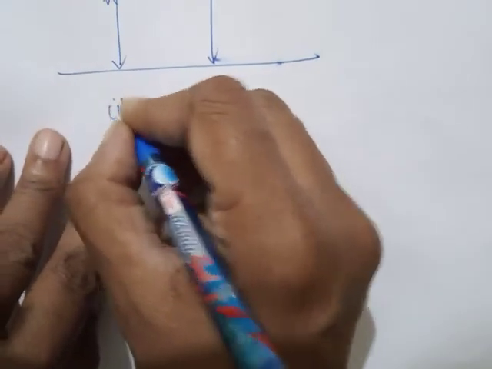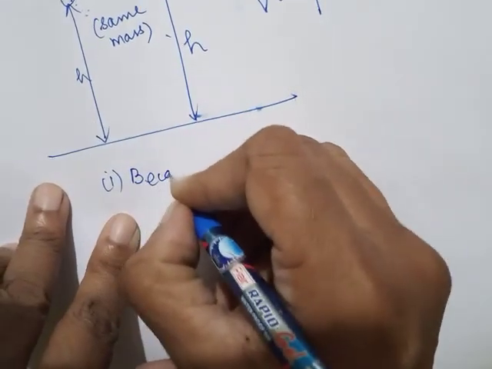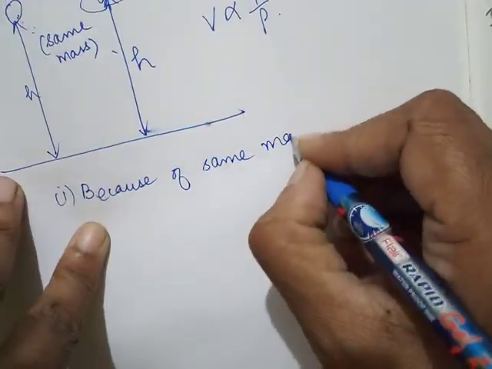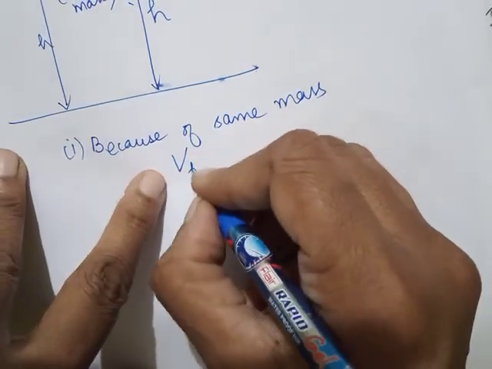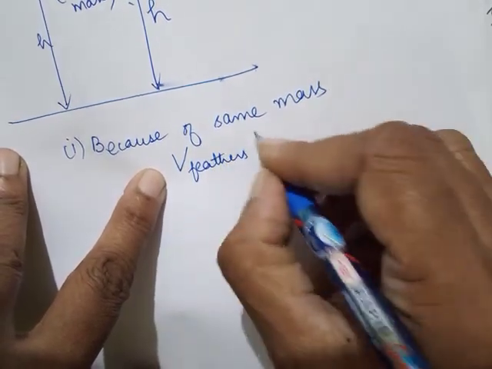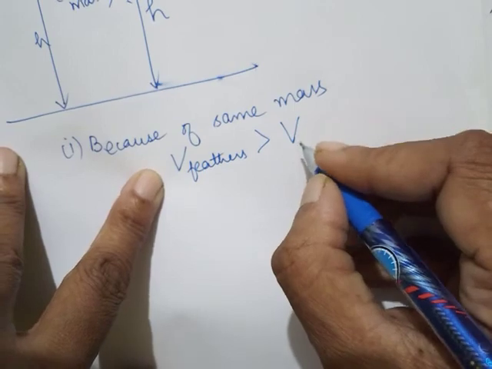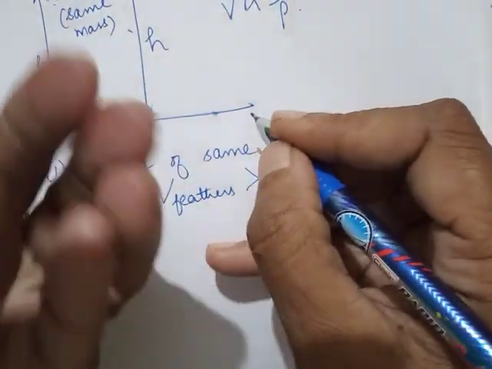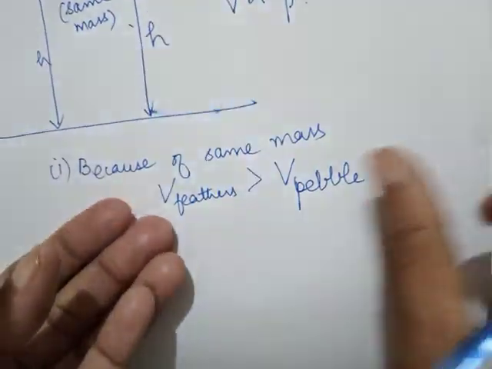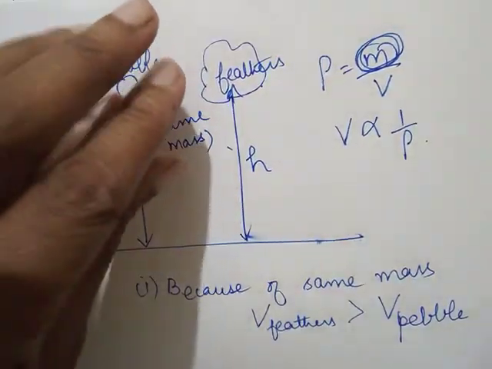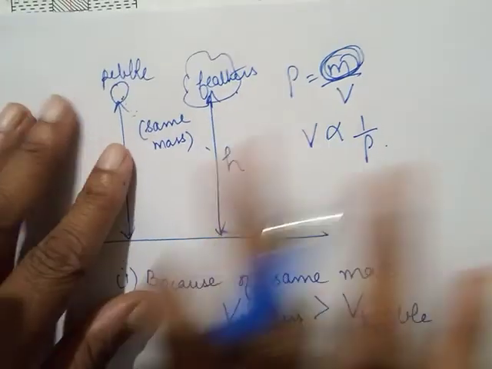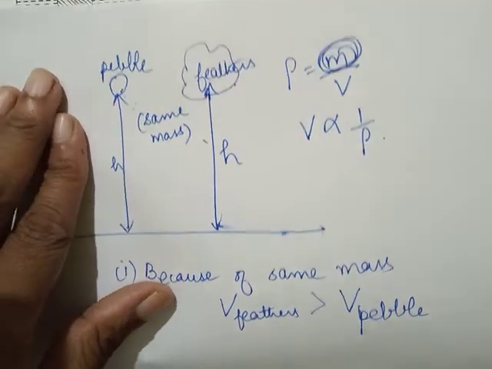First conclusion is, because they are of the same mass, the volume of the feather will be greater than the volume of the pebble. Can you understand? Their mass is the same, but just take a 200-gram pebble, maybe just a small stone. But if you take 200 grams of feathers, it will be such a big bunch of feathers. The volume will be so much because its density is so low.